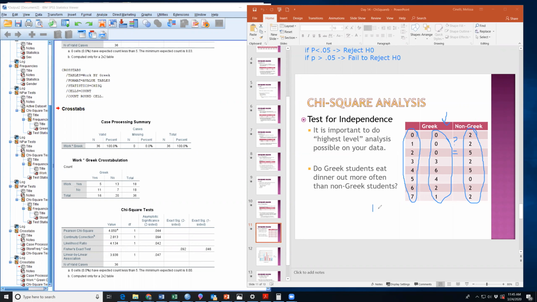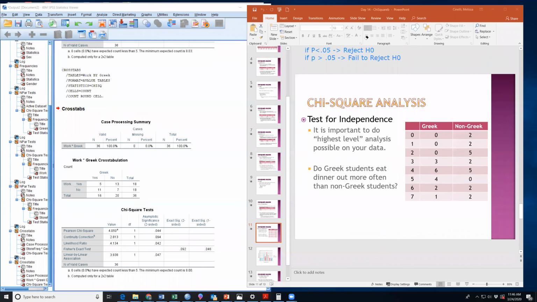Our null hypothesis would be that Greek students are equal to non-Greek students, and the alternative hypothesis would be that they are different. One of these two things is more supported by our data, and the question is which one? That these two things are the same or these two things are different. It's kind of hard to get a feeling for what the answer should be by looking at this table.